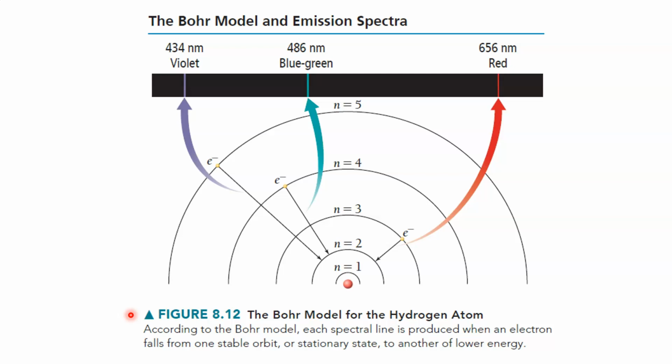And there must be some sort of particle behavior for electrons. And so what this is showing us is that if you have an electron that's jumping between these energy levels, you will see light of a given color, meaning it corresponds to a given wavelength. And that wavelength also corresponds to energy.